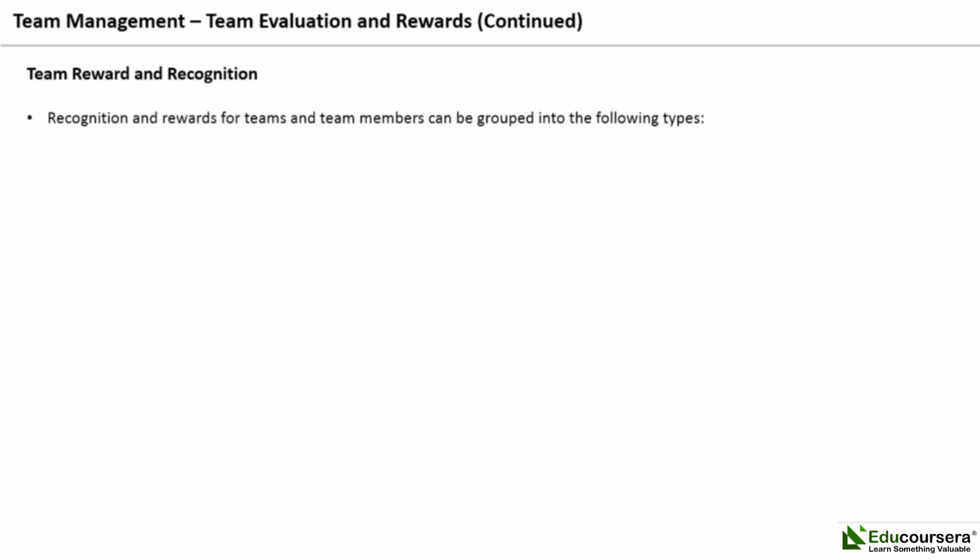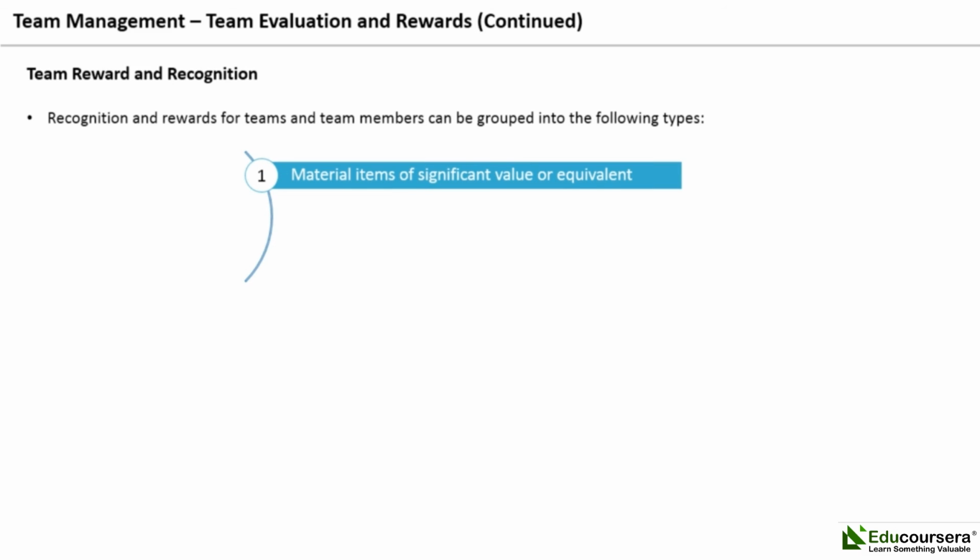Recognition and rewards for teams and team members can be grouped into the following types: material items of significant value or equivalent, cash greater than $1,000, patent award, vacation time, bonus or percent of savings profit, trip, major gift.